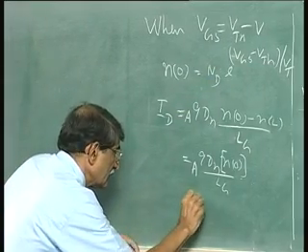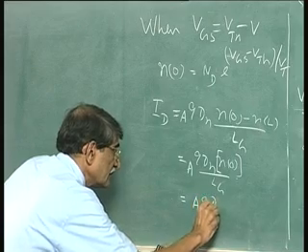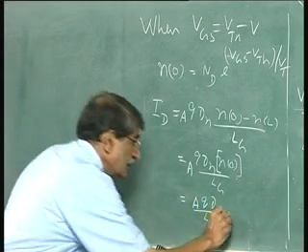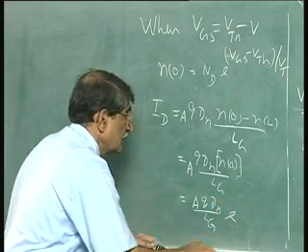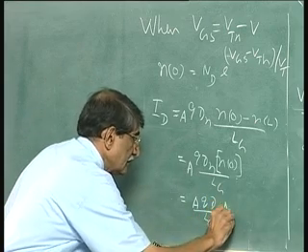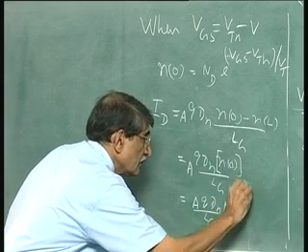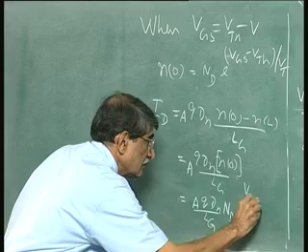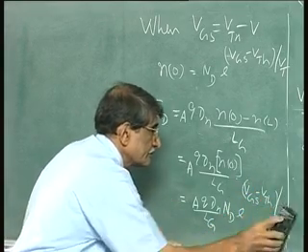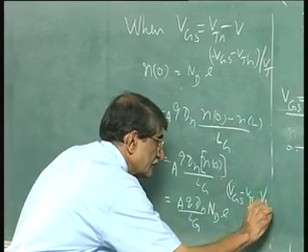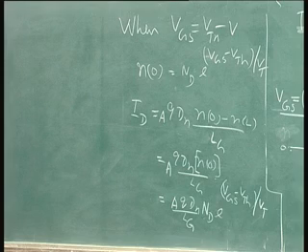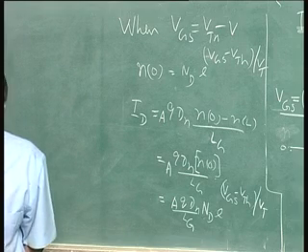So, you have got this is equal to A into QDN divided by LG into ND into e to the power of (VGS minus V threshold) by Vt. So, now you understand, I hope the idea is clear.